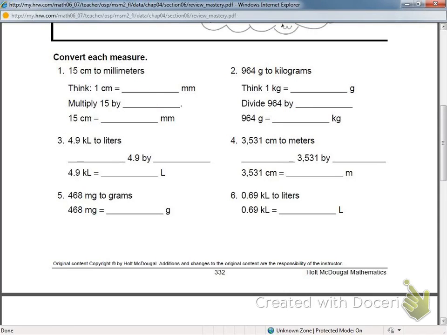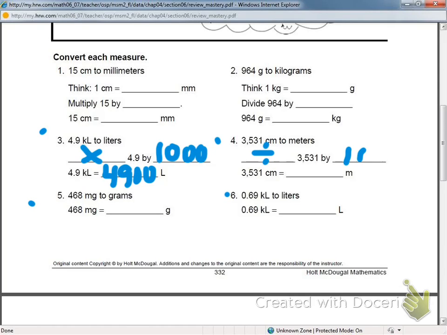Okay, we should have found our answers for 3, 4, 5, and 6. So for the first one, we had to multiply by 1,000, and we came up with 4,900. For the second one, you should have divided.